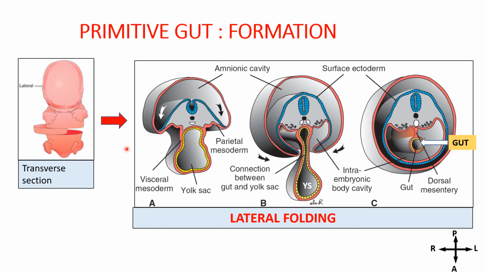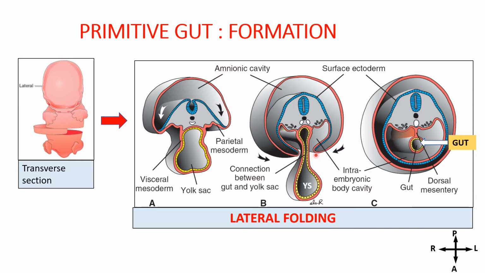Now this again shows a transverse section through the embryo. In this we can better understand the lateral folding. In this picture, this is the yolk sac, so this will be the ventral part of the embryo, this is the dorsal part, and these are the lateral ends of the embryo. These are the lateral folds which are gradually commencing, and the two lateral folds are trying to approximate in the center.